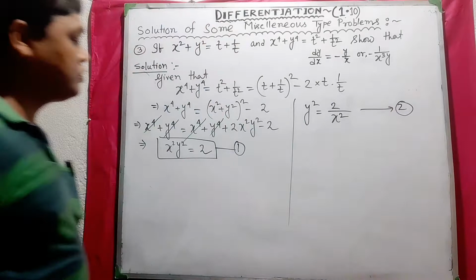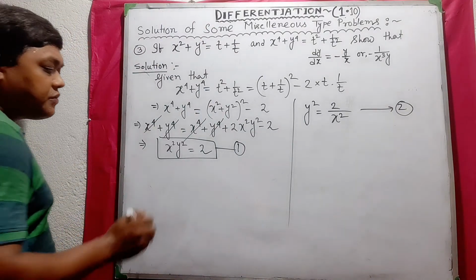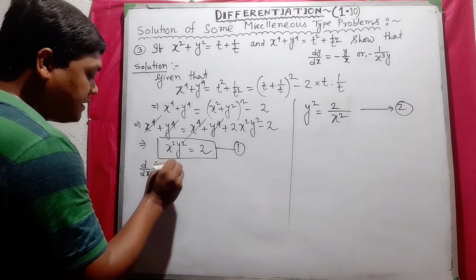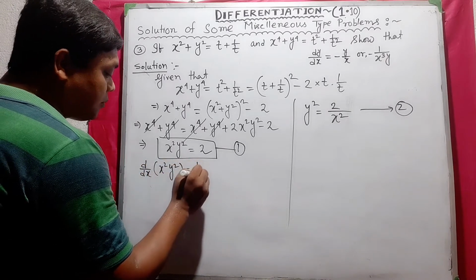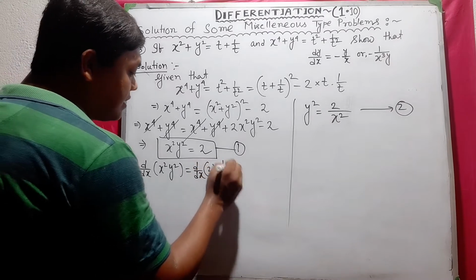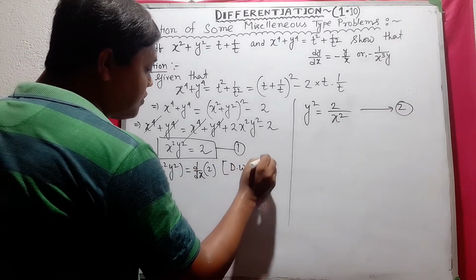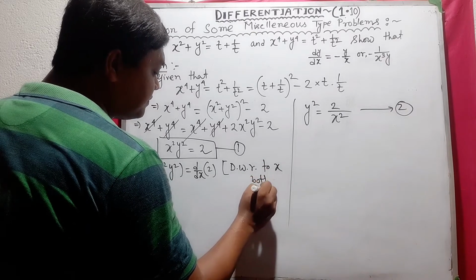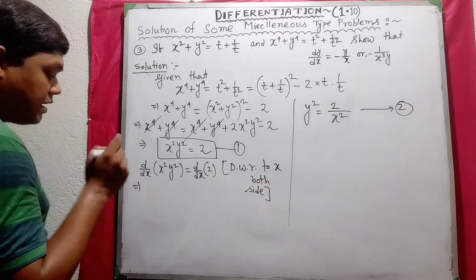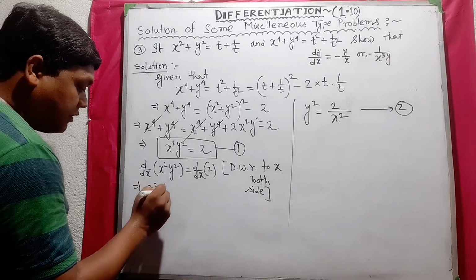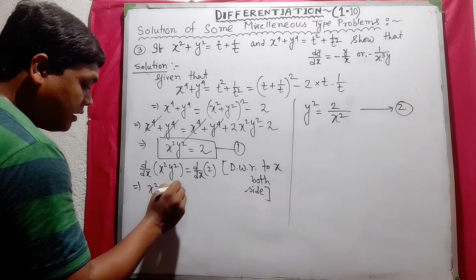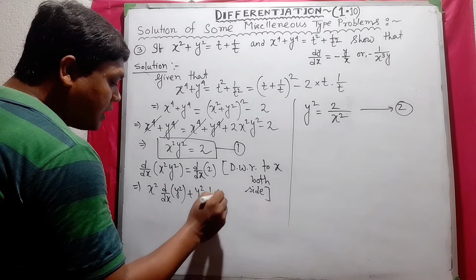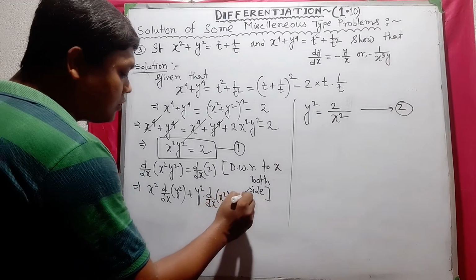So this equation, if I differentiate with respect to x, d by dx of x square y square equals d by dx of 2, a constant, differentiating with respect to x both sides. So we get, by using the UV rule, x square into d by dx of y square plus y square into d by dx of x square equals 0.